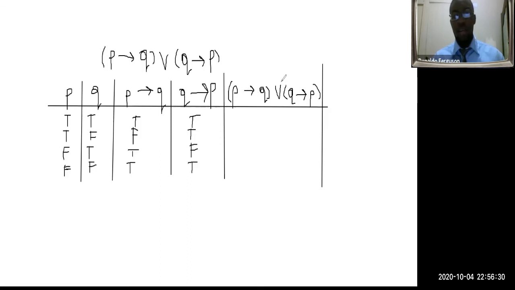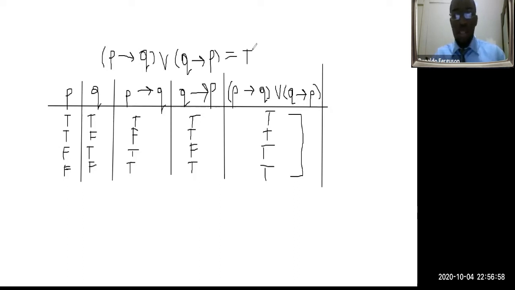And then for both of them now, right here, we have true or true is true, false or true is true, true or false is true, then true or true is true. And so the entire column right here shows that the result is true. And so hence, this is a tautology. This is always going to be true.